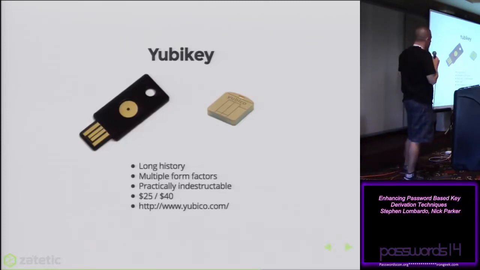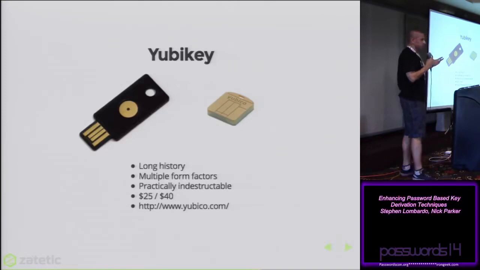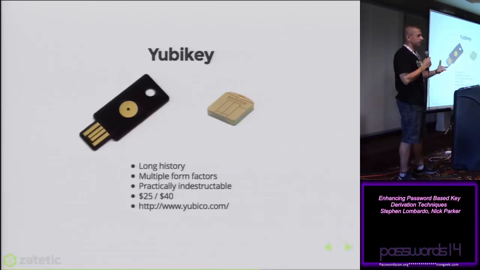YubiKeys have been around for quite a while, and we've had a long history with them. We did a little open source project a while ago that got us thinking about this, called One Time for YubiKey. What we wanted to do with that, a brief departure, is allow you to do time-based one-time passwords like your Google two-factor authentication, where your secret is actually stored on the YubiKey.